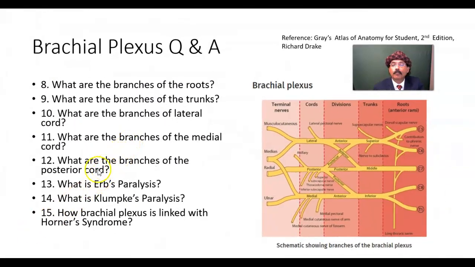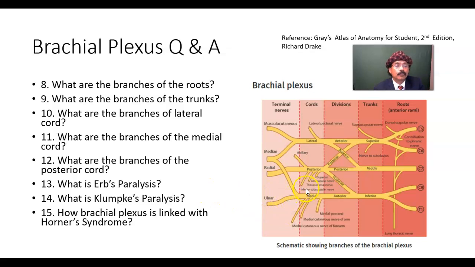What are the branches of the posterior cord? Again, 5 branches. We have the subscapular nerves, upper and lower, or superior and inferior, which supply the subscapularis muscle. Also the teres major muscle gets its nerve supply from the inferior subscapular nerve.